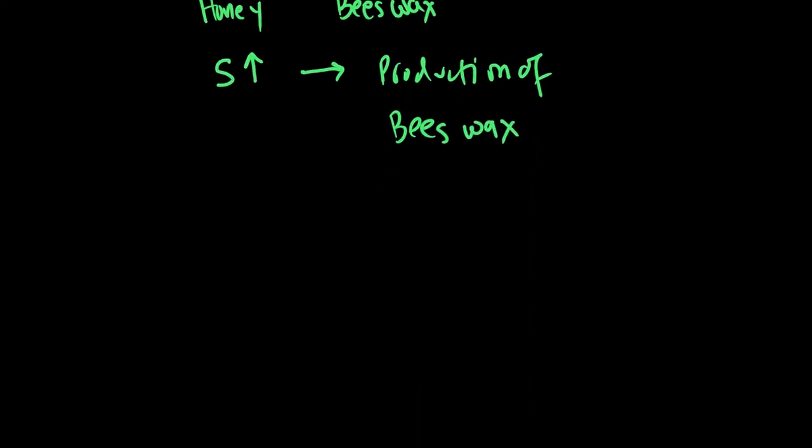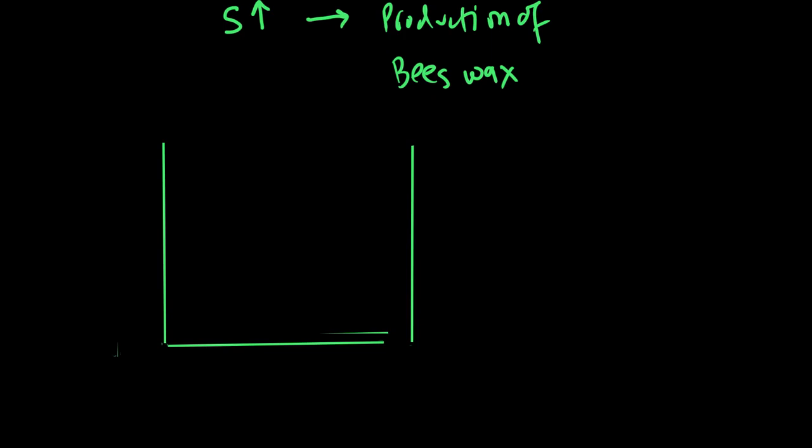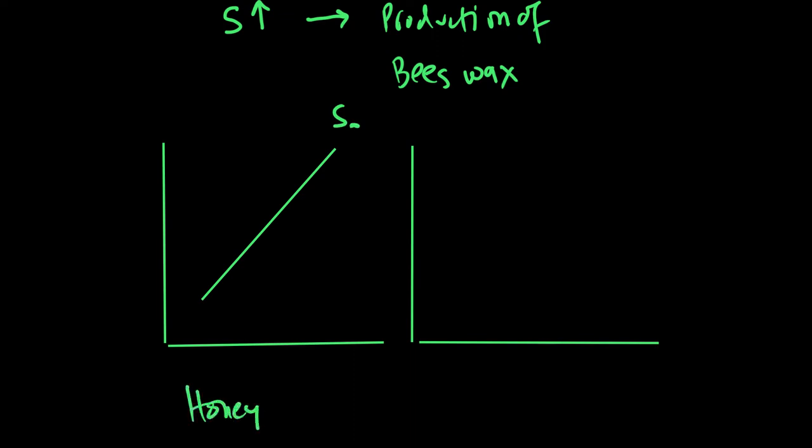So I'm going to draw first the market for honey, and at the same time I'm going to look at the market for beeswax. If this is my supply curve for honey, let's assume that for some reason people are consuming more honey, so the production of honey is going up, maybe because of higher demand.